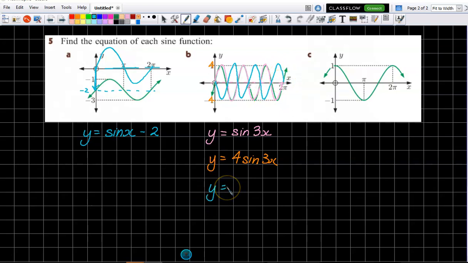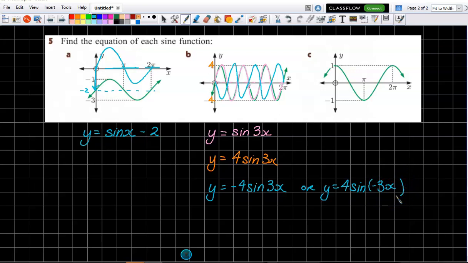Hang on. So it's going down first. So it could be negative 4 sine 3x. There's actually one more it could be. Anyone know? Oh, who said that? I can't see. Oh, well done. Or y equals 4 sine negative 3x, right?